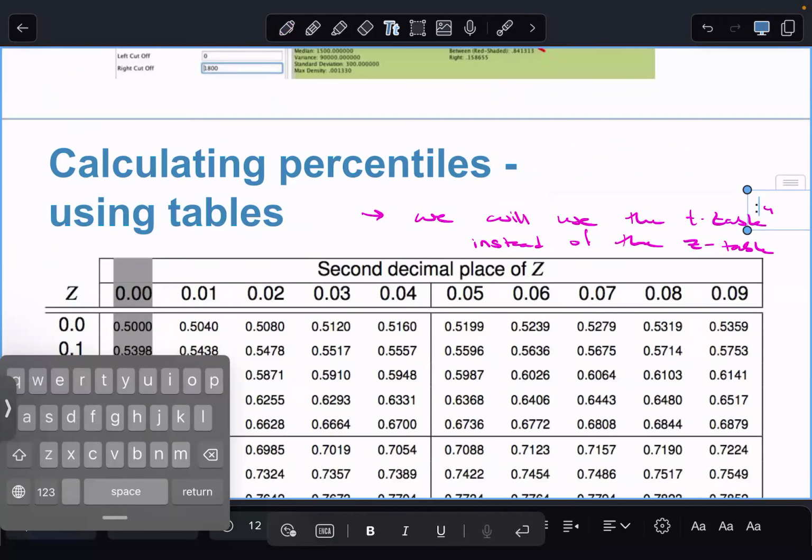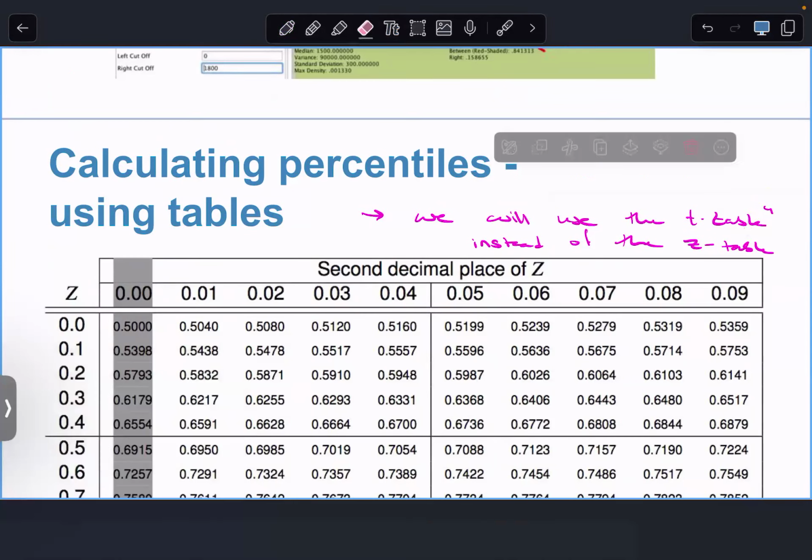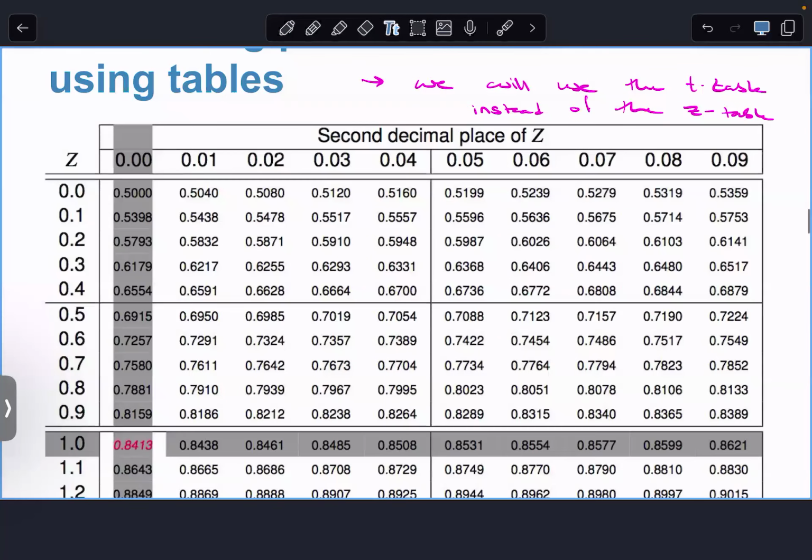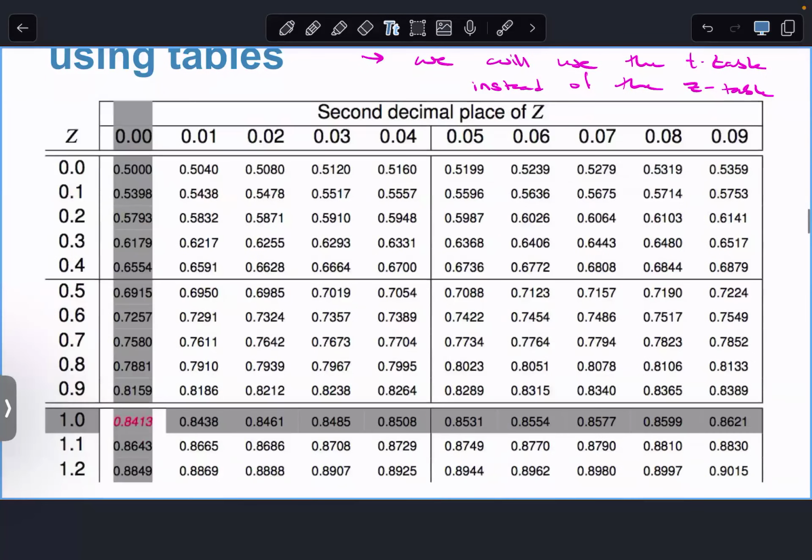Undo. There. This is the Z table. Very, very archaic, because what does it do? This table is also very archaic, outdated.